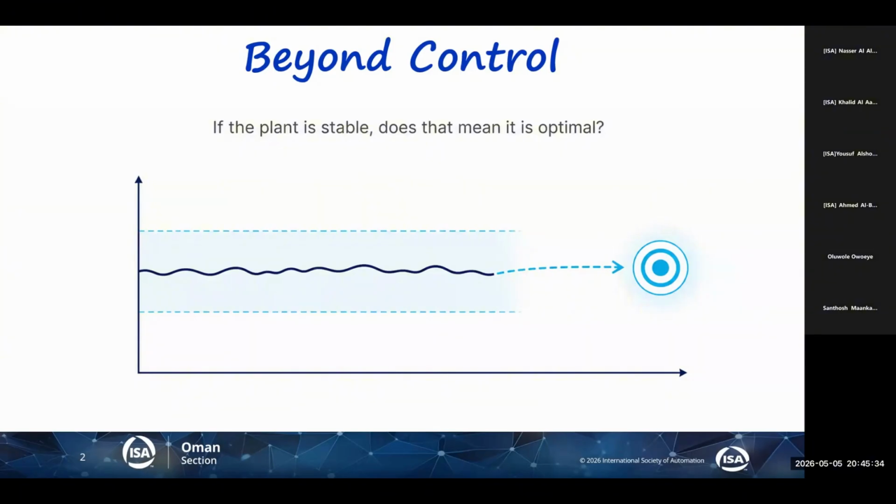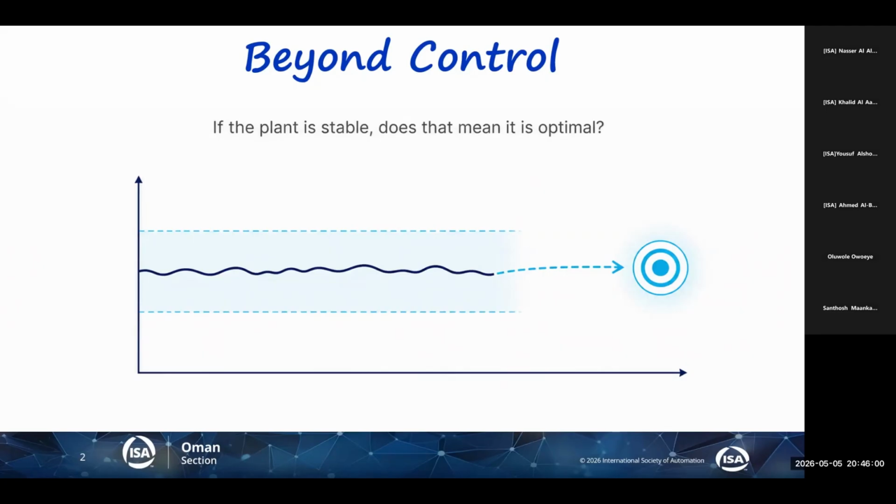So in many cases, the answer is no. It is not. It's not necessarily optimal if it is stable, as stability is not the final objective. A plant can be stable indeed, safe, and still not operating at the best economic point. So Engineer Omar yesterday talked about the basic control.